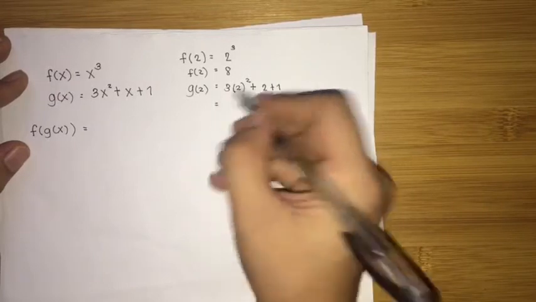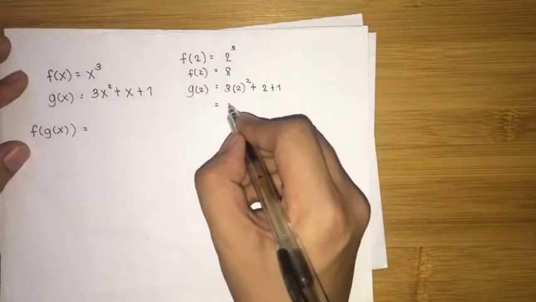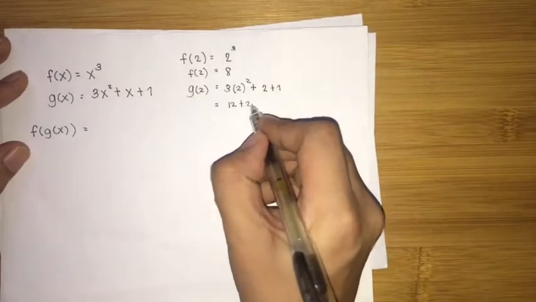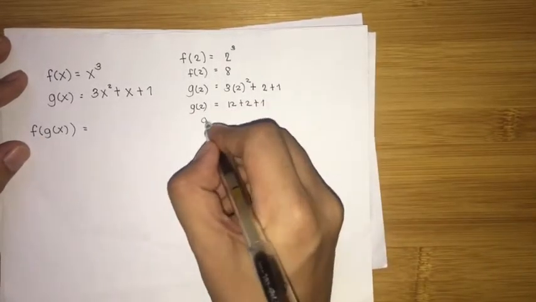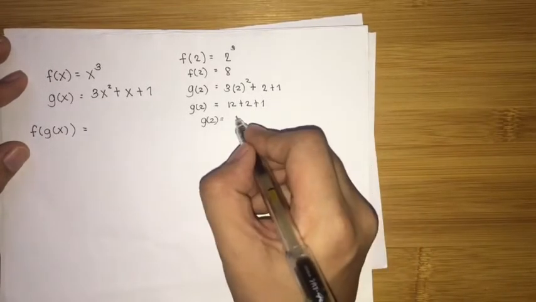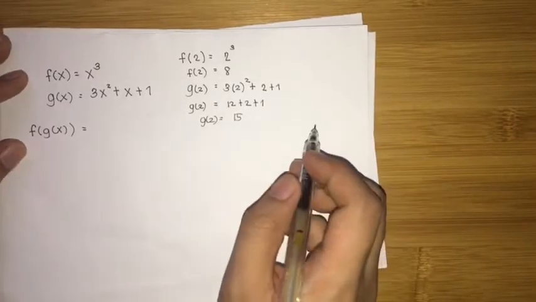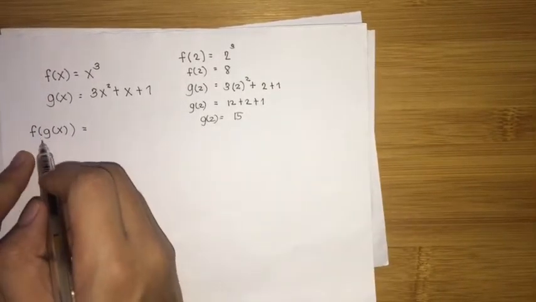So, simplifying, 3 times 2 squared equals 12 plus 2 plus 1. So, yan, g of 2 natin is equal to 12 plus 2 plus 1 is 15. So, this concept, i-apply lang din natin dito sa composite.